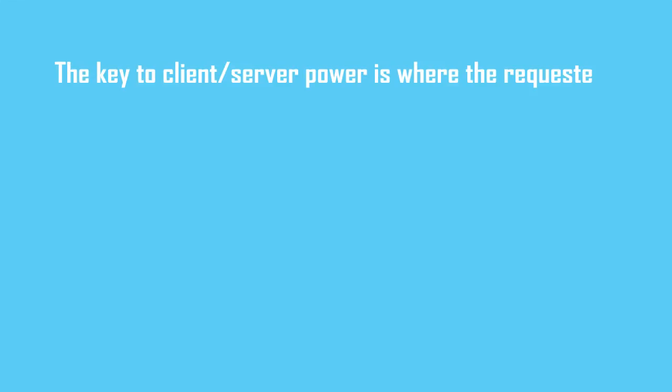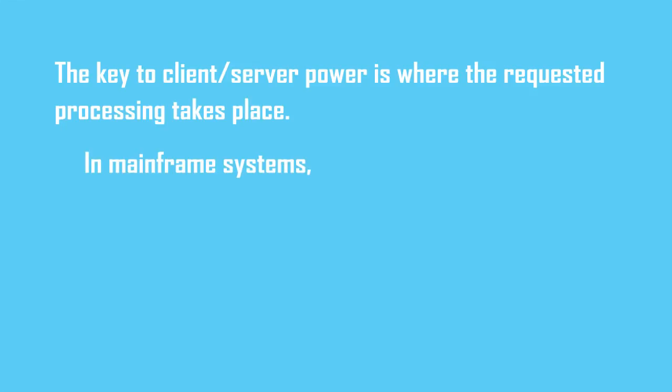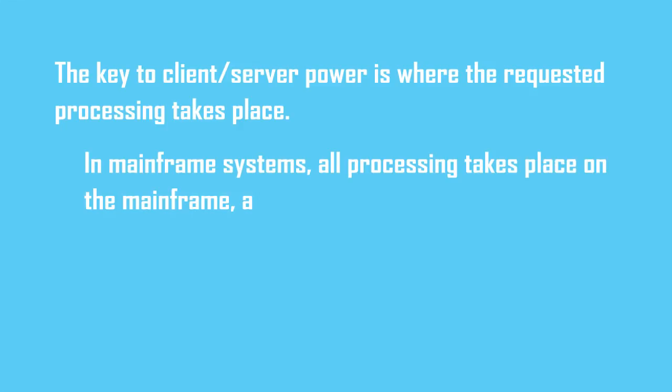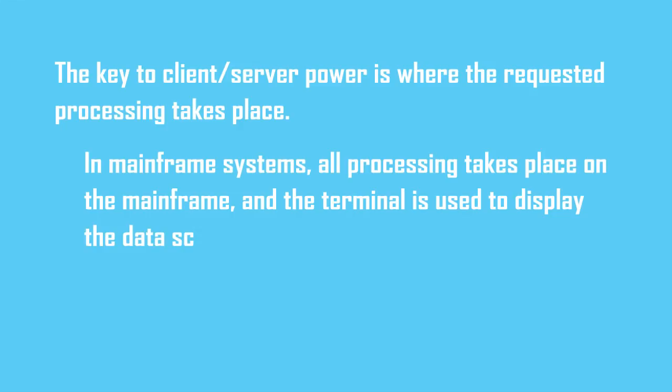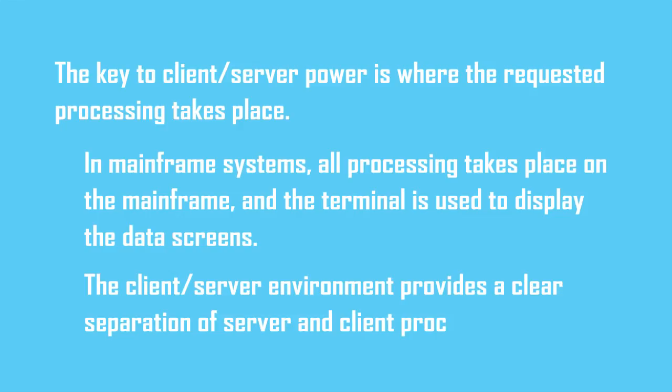The key to client and server power is where the requested processing takes place. In the mainframe systems, all processing takes place on the mainframe, and the terminal is used to display the data screens. The client-server environment provides a clear separation of server and client processes.